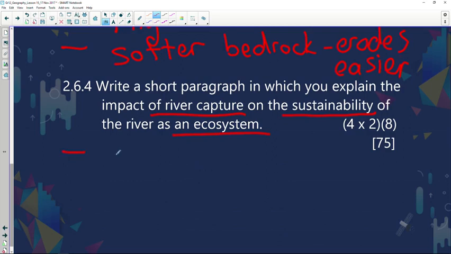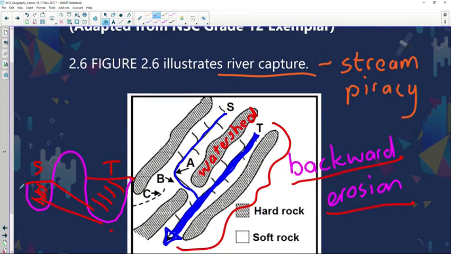Now, it's going to increase the volume of the pirate stream. So if we go back to the diagram, you will see now that river S is flowing river T, the volume is going to increase even more. So that might lead to rejuvenation.